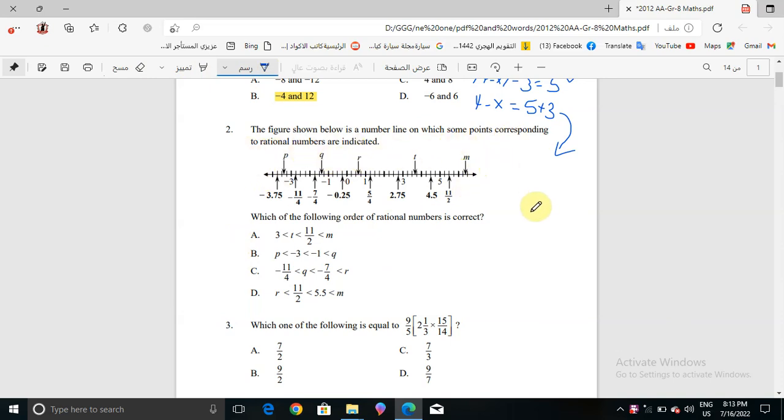Okay, we have this figure. Now here, which of the following orders of rational numbers is correct?